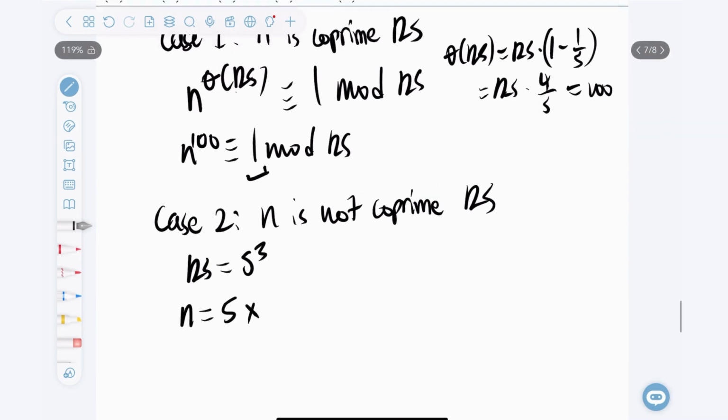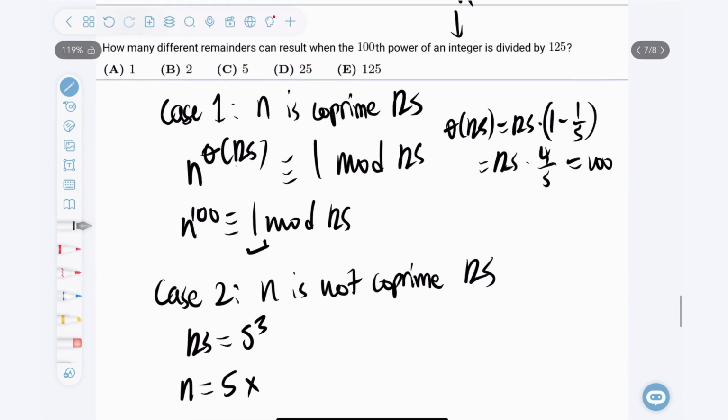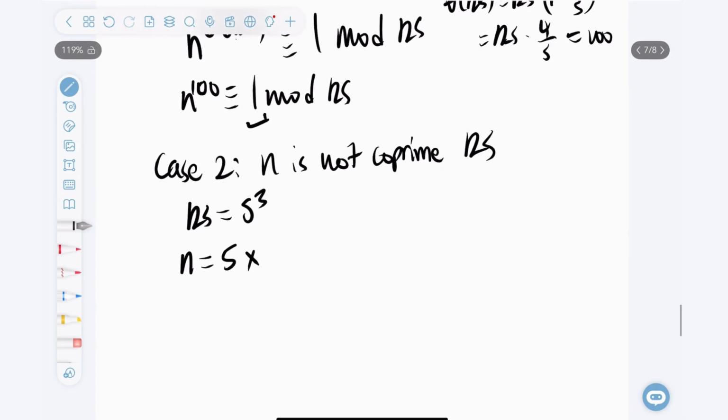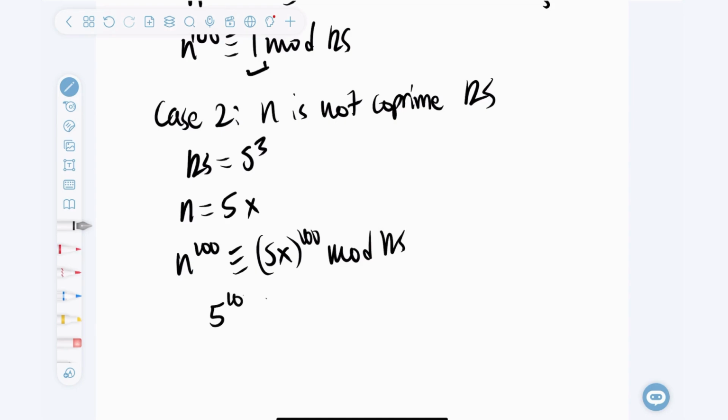And so since the problem is still asking the remainder of n to the power of 100 divided by 125, we take n to the power of 100, which is also 5x to the power of 100 mod 125, and we distribute, we get 5 to the power of 100 times x to the power of 100 mod 125.